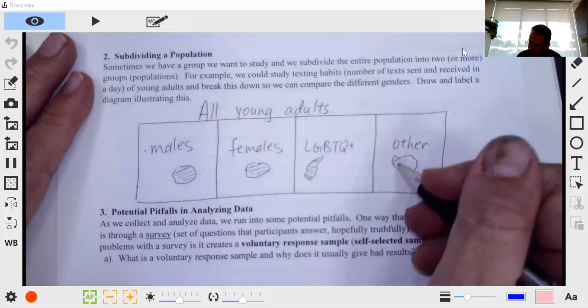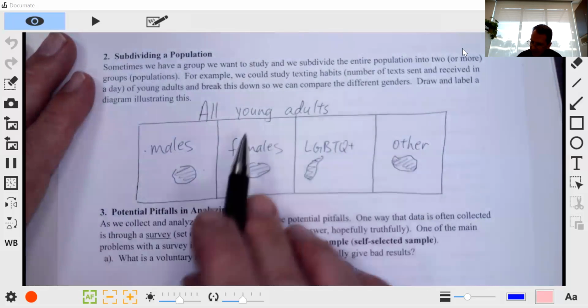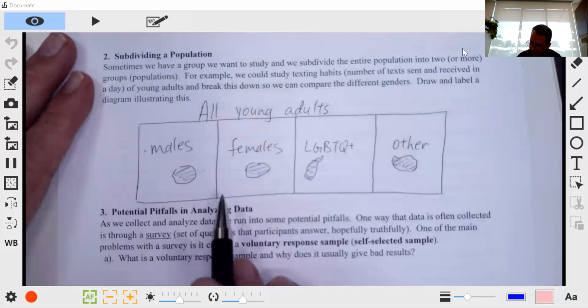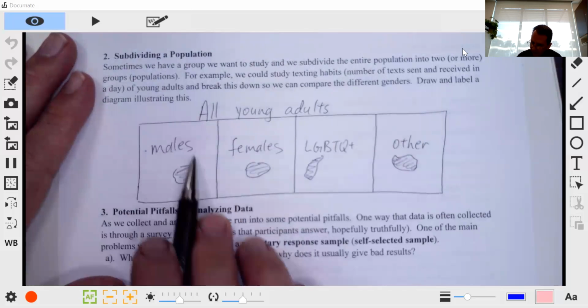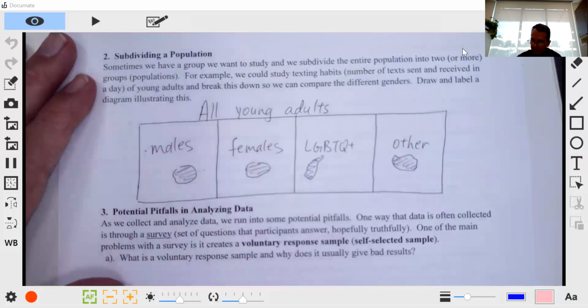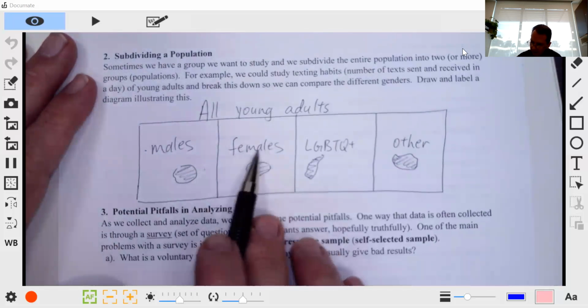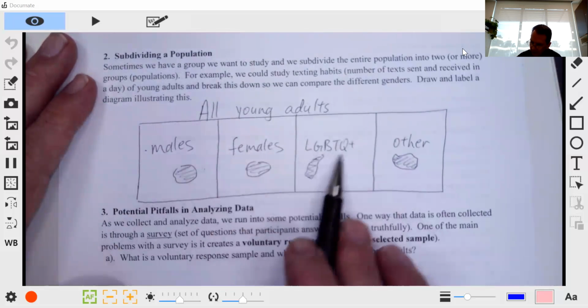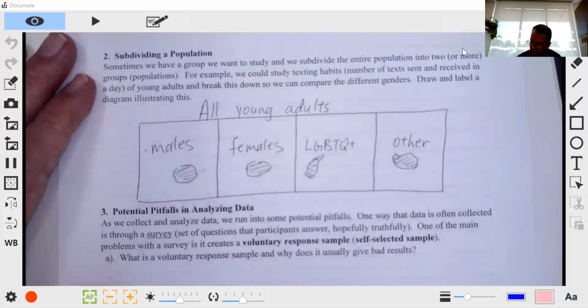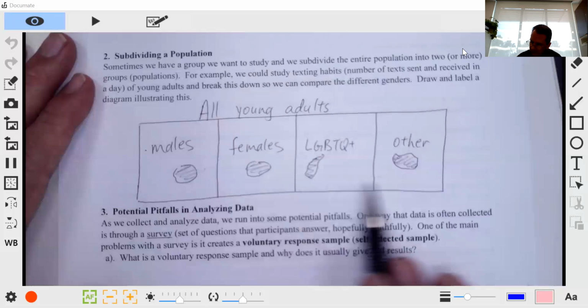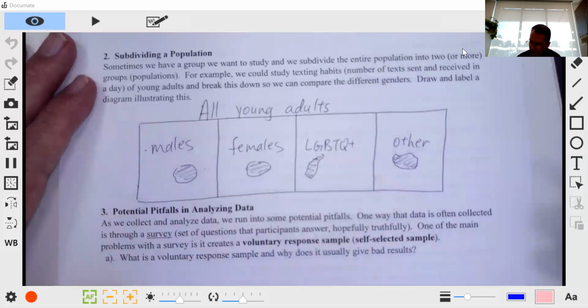We could then compare the parts of the entire population against each other, and we could treat the males as one population, the females as a different population, and LGBTQ as a different population and other as well, even though they all constitute the entire population of young adults.